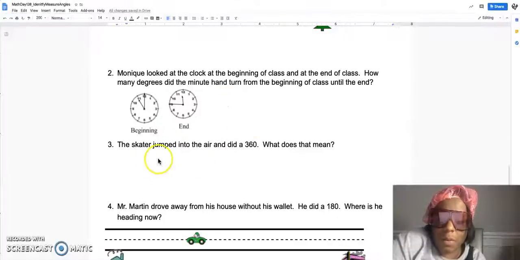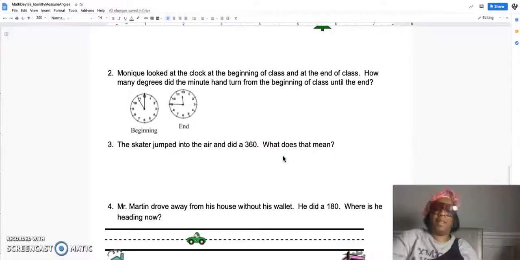All right, let's move on to number 3. The skater jumped into the air and did a 360. What does that mean?